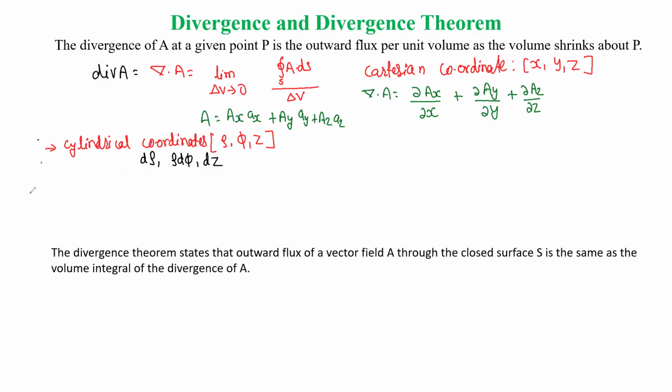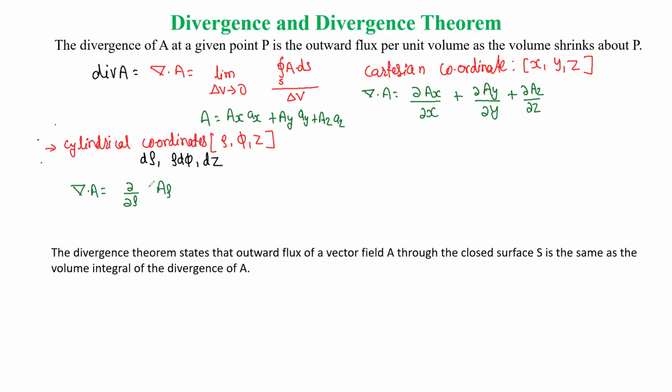So for that, now how will we write the divergence again? Here A will have components A rho, A phi, A z. So similarly, you write dou by dou rho, and the first component of A is A rho.